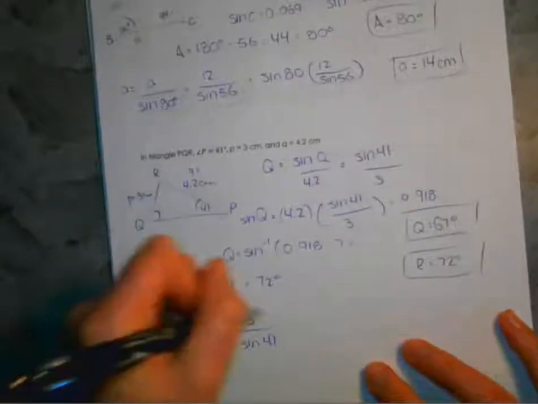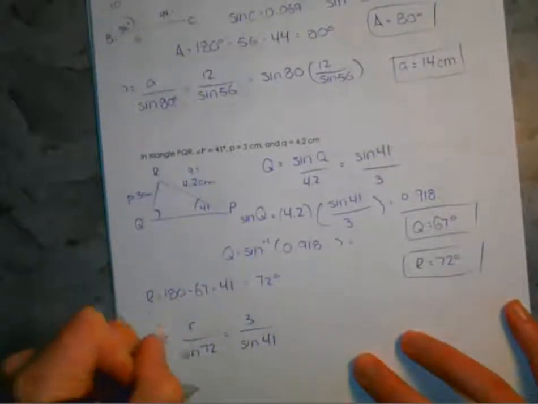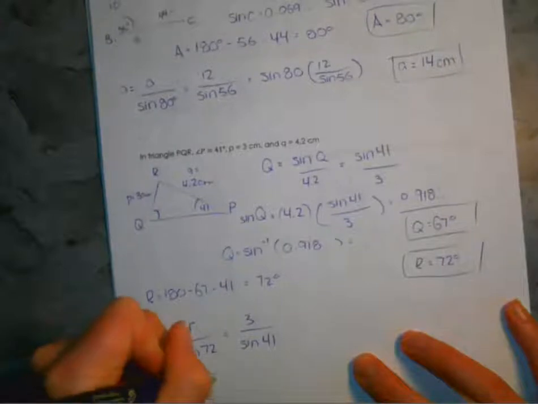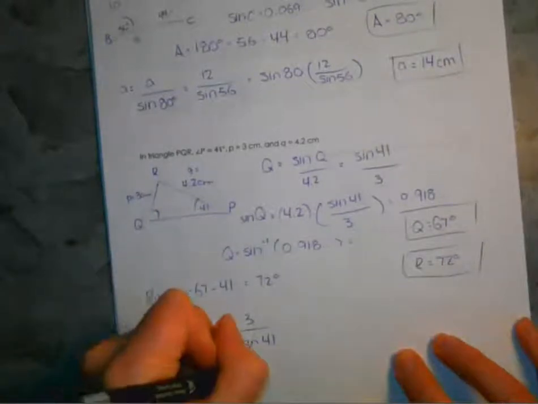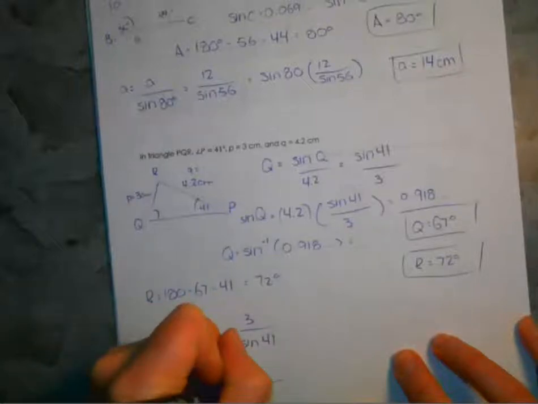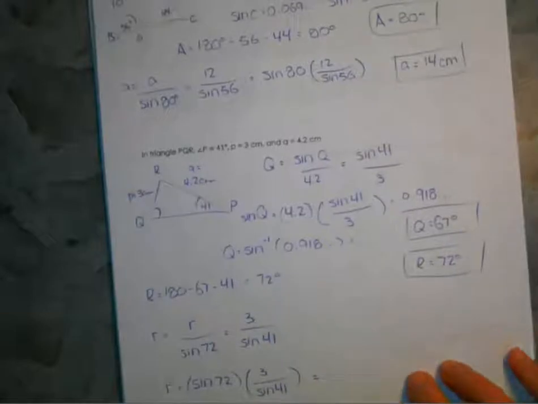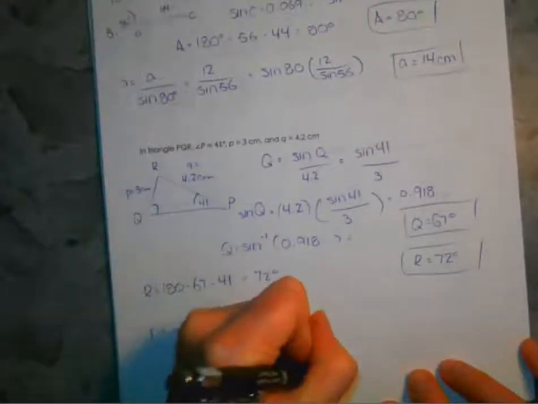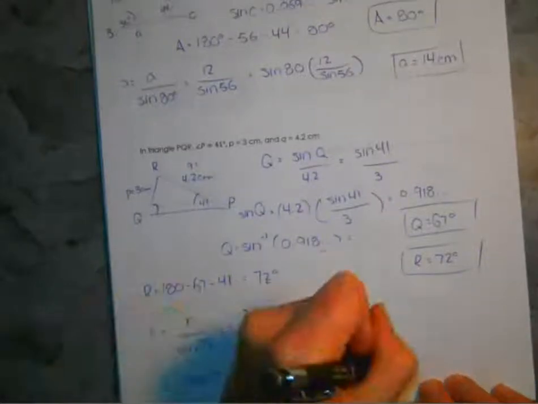So essentially R is equal to sine 72, which we're multiplying away from the R, times 3, or sorry, divided by sine 41, which gives us 4.3 centimeters. 4.3 centimeters is equal to little r.